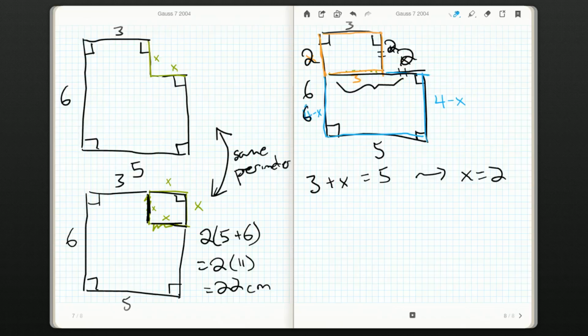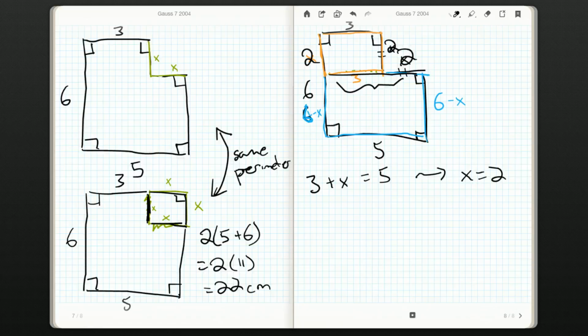I was jumping ahead. I was filling it in with my head. So that should be 6 minus x. This guy over here should be a 6 minus x. Sometimes this happens. Your head sort of does a calculation faster than you. I wasn't actually aware that this is 2, because I knew it didn't really matter because of this perimeter method. But apparently in my head, I'd already worked out that it's a 2 and subtracted the 2 from 6 to get that 4. At least that's my current working theory.